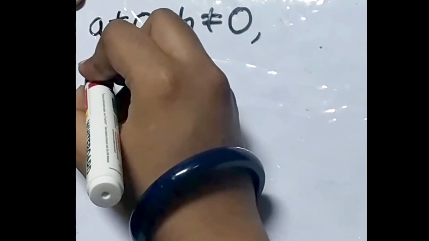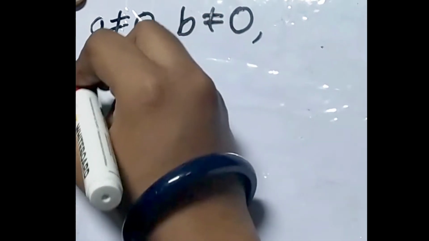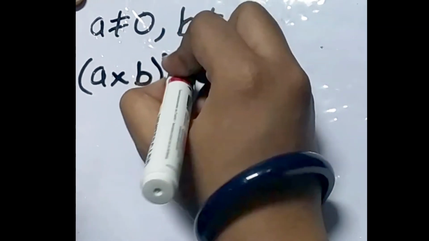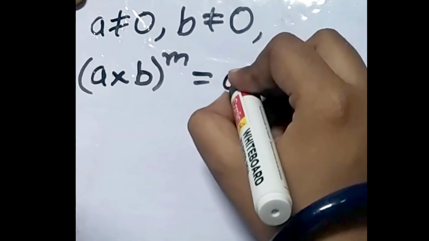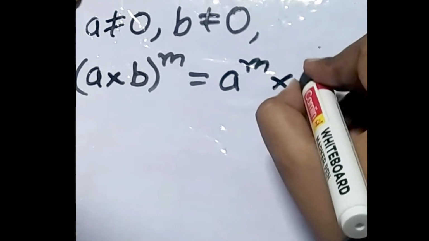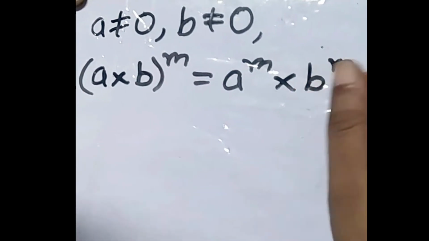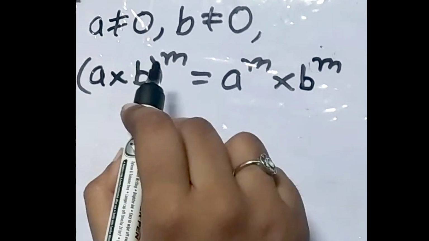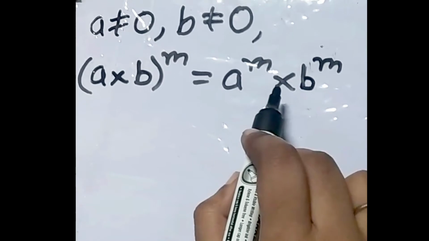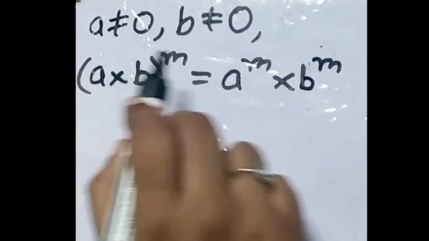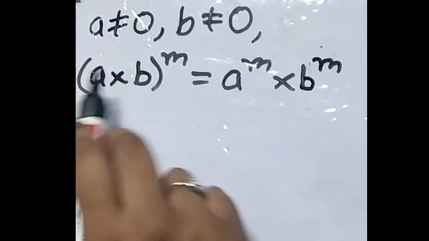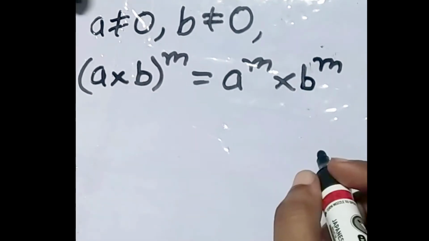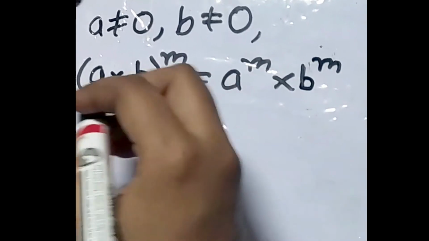Then A into B, the whole thing raised to M equals A raised to M into B raised to M. So we can take the index inside the bracket only if there is a multiplication sign in between. We will see how this comes with examples.